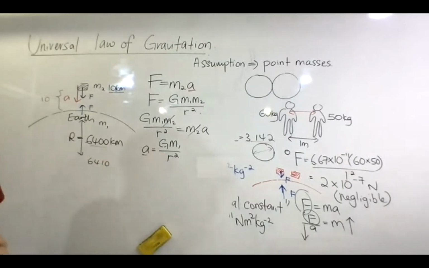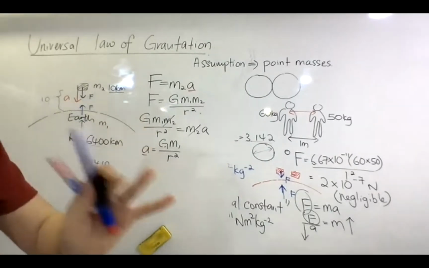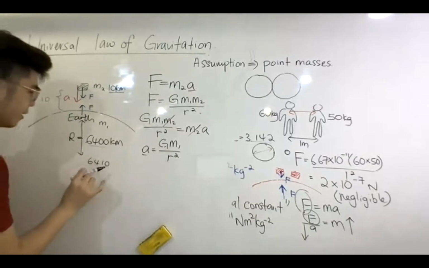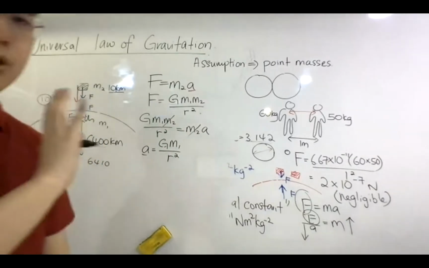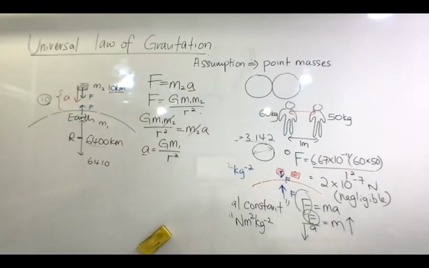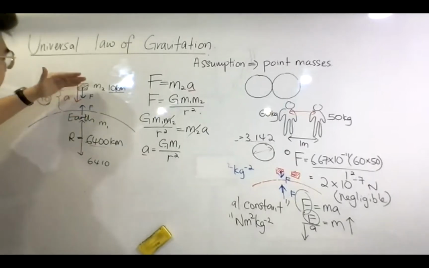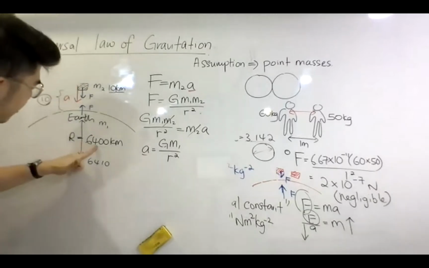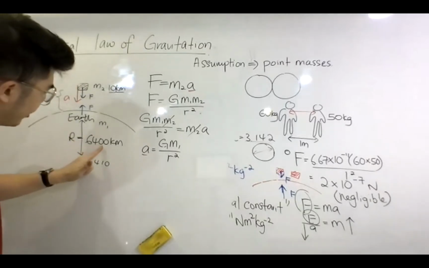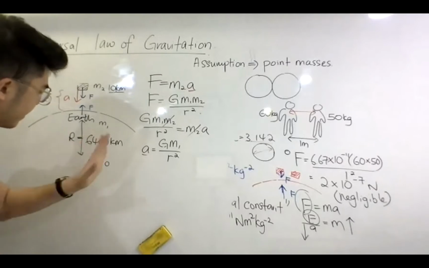When you put in the equation, you will get the same value. That means this small distance is not significant at all compared to my Earth radius. That means I will assume that this object, I will take the distance here, the same as the radius of the Earth, 6,400.